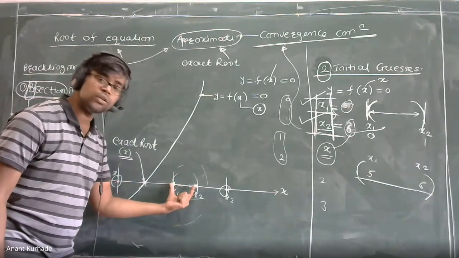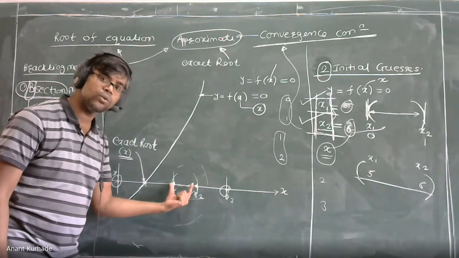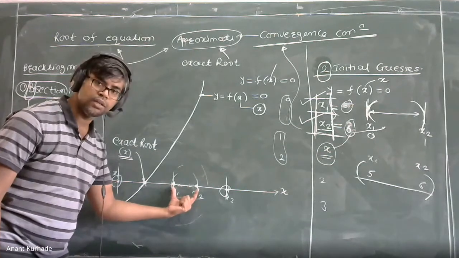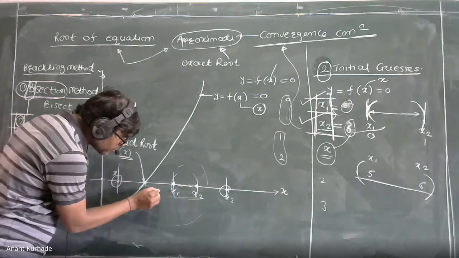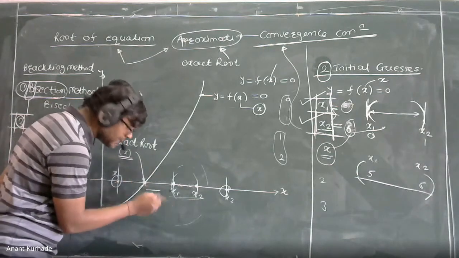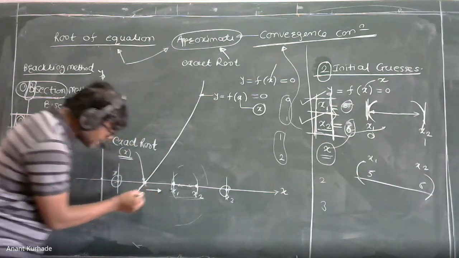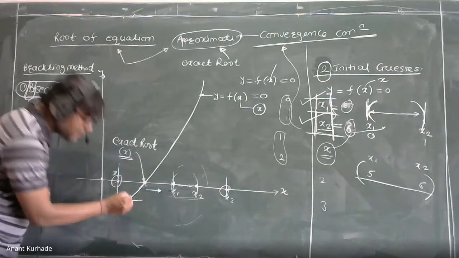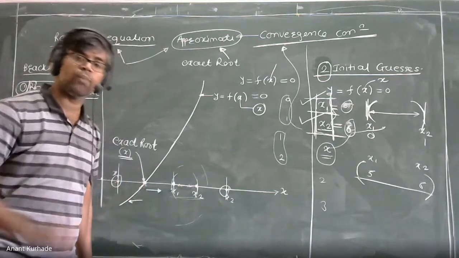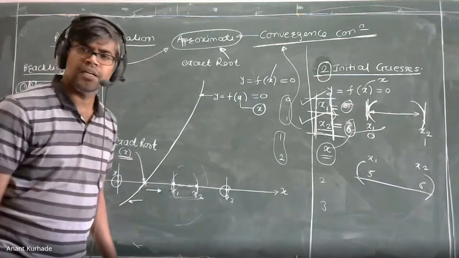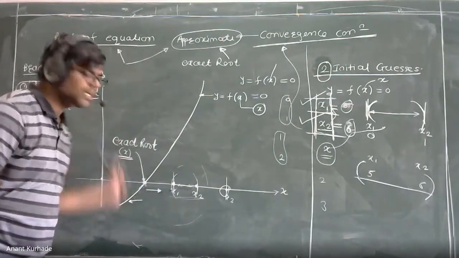So now, in order to have the root in between these two values, what is the condition? You must have one assumed case towards the right side and one towards the left side. In actual problem solving, it is not required to plot this graph.